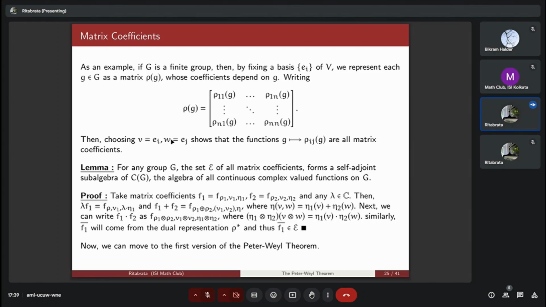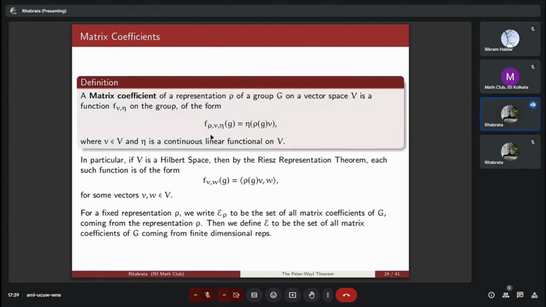So here is a thing for any group G: the set of all matrix coefficients. We are varying over v and rho and taking their linear combinations. For eta rho, the rho was fixed. We are taking coefficients from a particular representation.